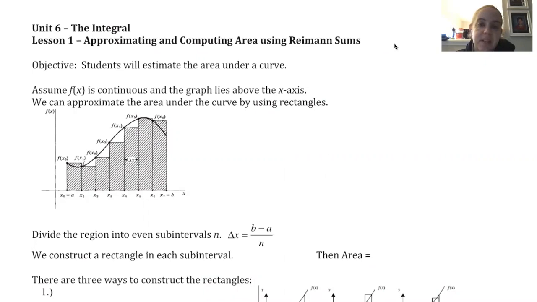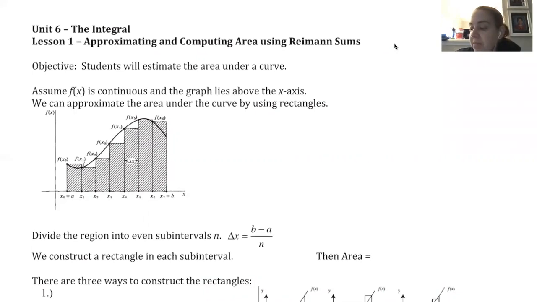So what an integral does is it calculates area, and specifically area under the curve of a function from a point A to B. Now, I know that seems like a lot of information, but the way that I used to introduce this topic was to start with geometry. We have a triangle, and you know the area formula is 1/2 base times height. And if you have a rectangle, the area is base times height.